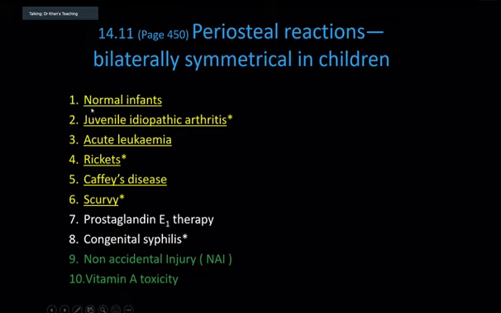In Chapman, anything which is underlined means that it is very important for your exam, and this is less important. But two things from my side you can add there, which are, I think, deficient: non-accidental injury and vitamin A toxicity.